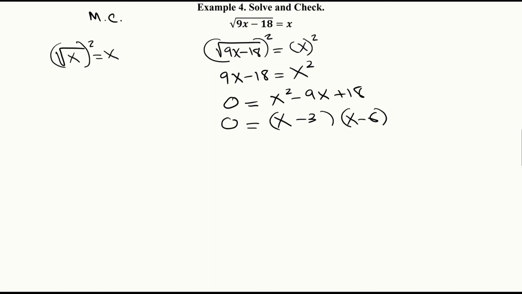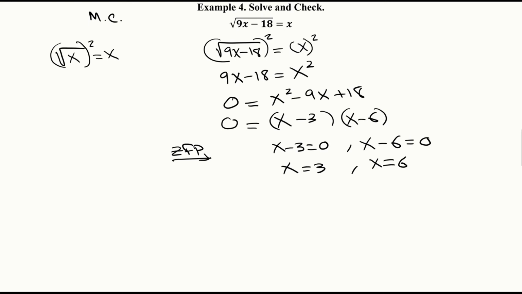So now we apply the zero factor property and get either x minus 3 equals 0 or x minus 6 equals 0, which ends up giving us x equals 3 and x equals 6. So we'll go ahead and check 3. We want to know if the square root of 9 times 3 minus 18 is equal to 3.